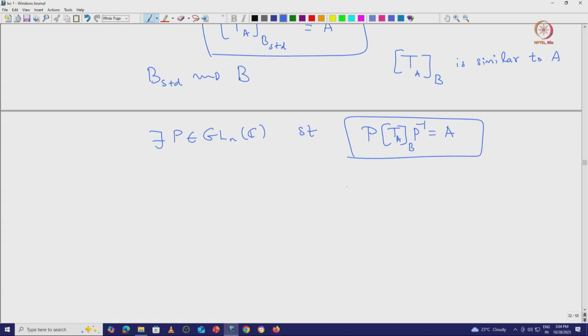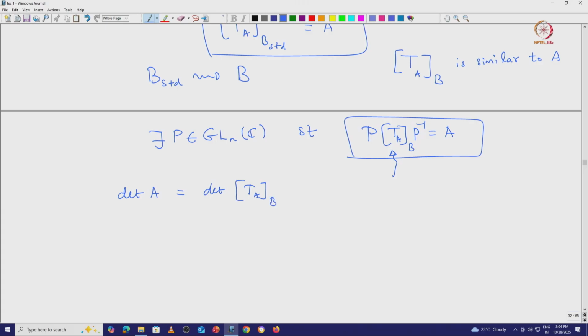Now once you have this relation, what happens? It is easy to compute the powers of A and the determinant of A in terms of this new matrix, because the determinant of A, for example, is the same as the determinant of this new matrix.